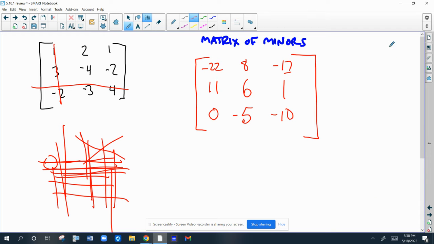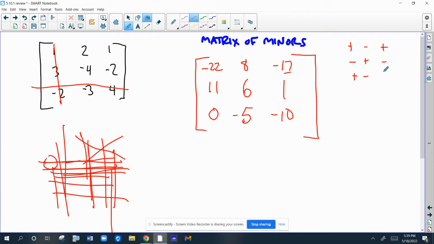You determine what signs all these must have. To do that, you just think of a checkerboard here, starting with a plus. So plus, minus, plus, minus, plus, minus, and so on. It's kind of like if you remember we had to change signs for a 2 by 2 matrix when we were doing the inverse, same thing.